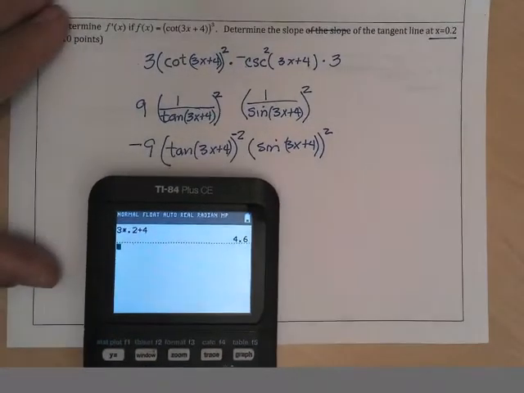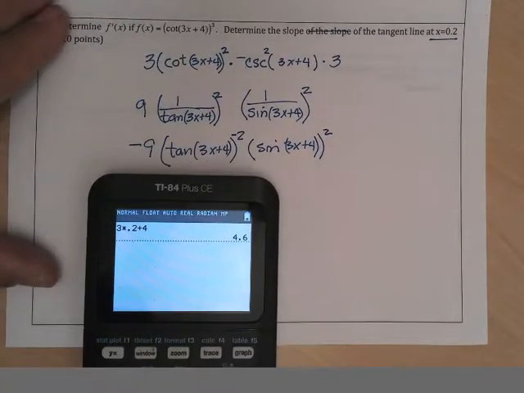is to type in -9 parenthesis tangent of 4.6 close parenthesis to the -2 sine of 4.6 to the -2.